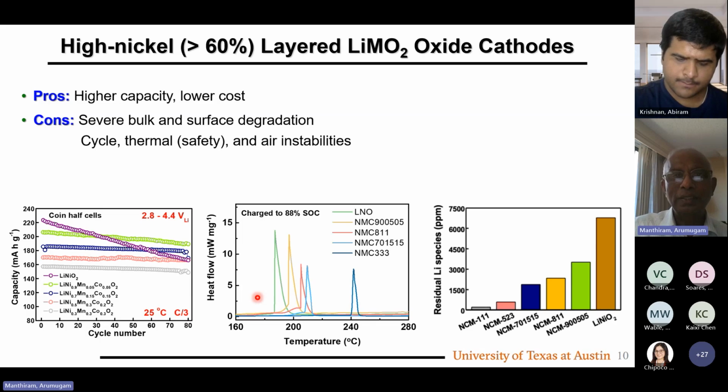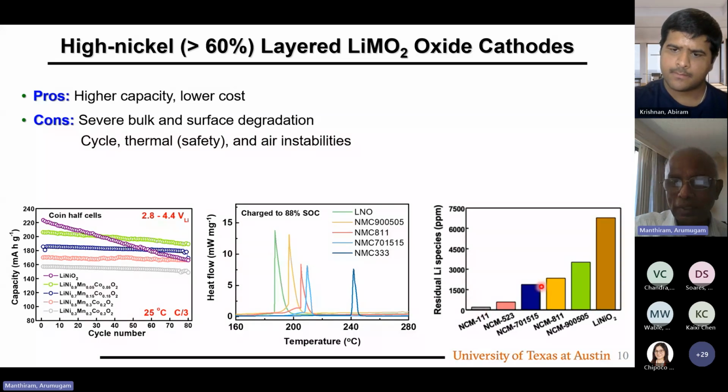Not only that, nickel 3 plus is not very stable. So if you manufacture the material and keep it in air, they will form lithium hydroxide and lithium carbonate on the surface. That is called in the industry residual lithium. You see here, this is 33% nickel, 50% nickel, 70% nickel, 90% nickel, 100% nickel.